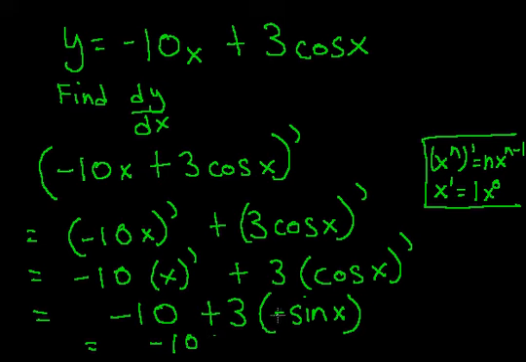So it's negative 10 minus, because I took this minus out and I'm putting it up front, minus 3 times the sine of x. And that's it. That's dy over dx.